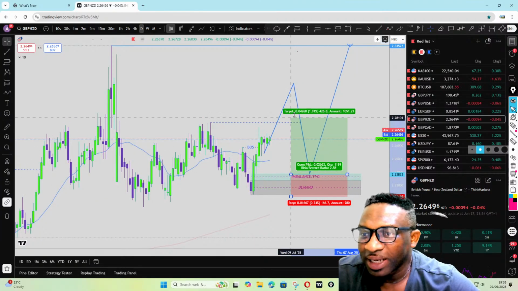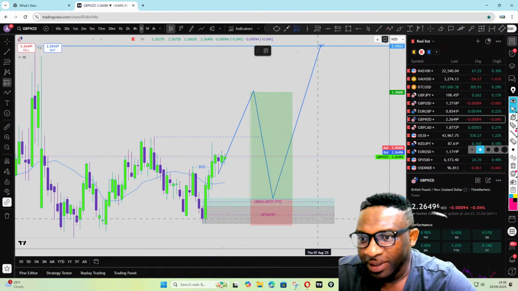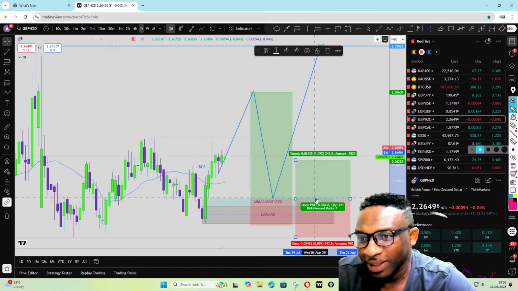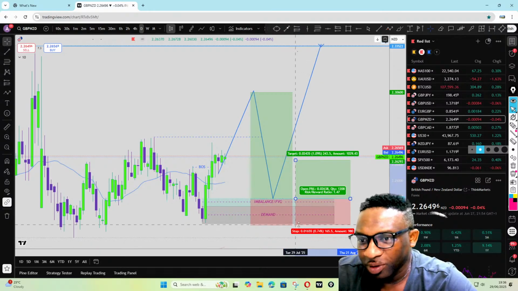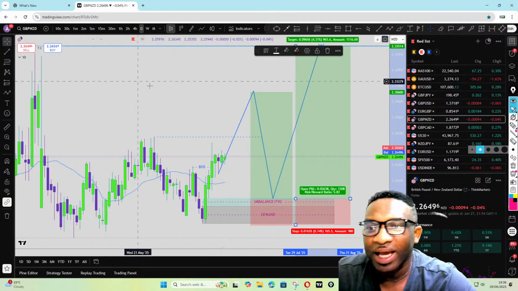Your first target will be here, take profit here. The next position you enter, your stop loss goes below there. Then you target the weekly high.